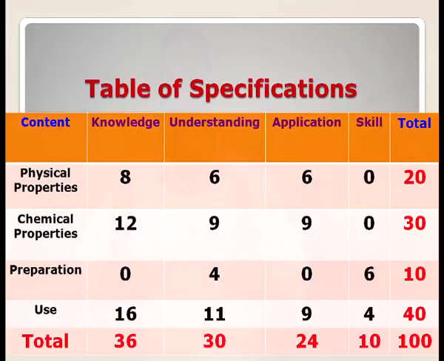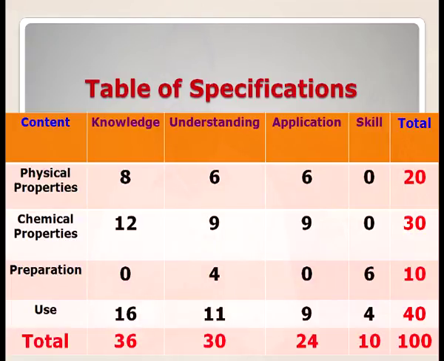So this is a table of specification showing the distribution of the content matter along the learning objectives: how the questions will be distributed, how many questions will be there for assessing understanding, how many for assessing the application ability of the students, and how those abilities relate to the content matter.